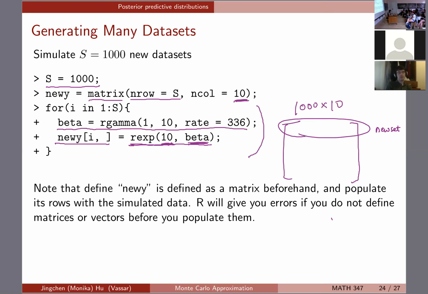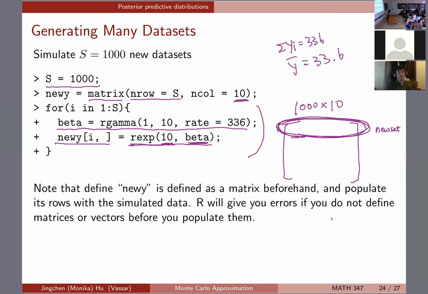If you're trying to do the posterior predictive checks with the mean, the next step will be to summarize each of the means and then plot them, and check whether my original mean is likely. Remember the original sum of yi is 336, so the sample mean will be 33.6.